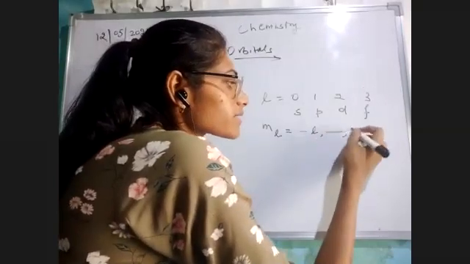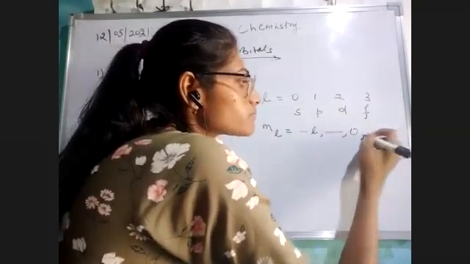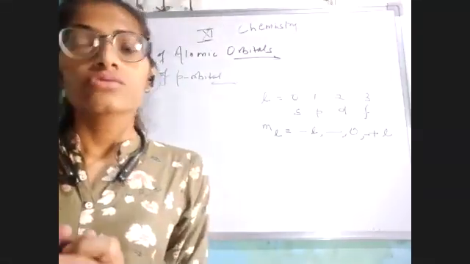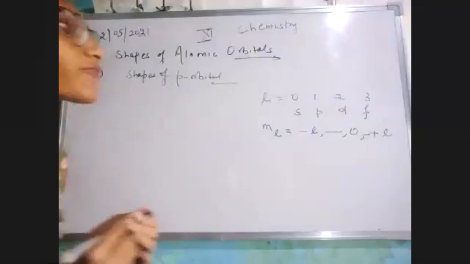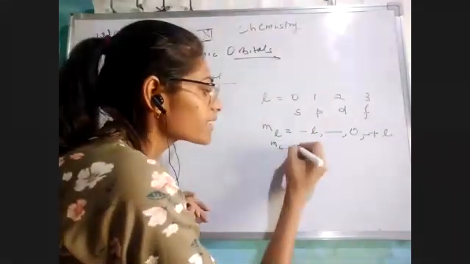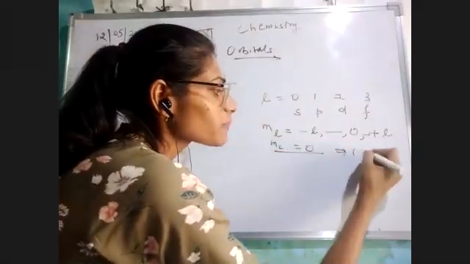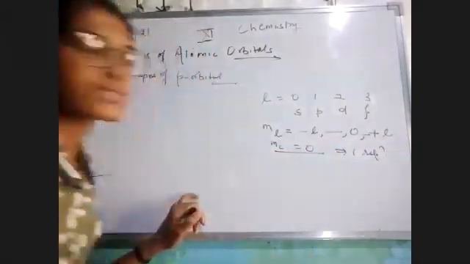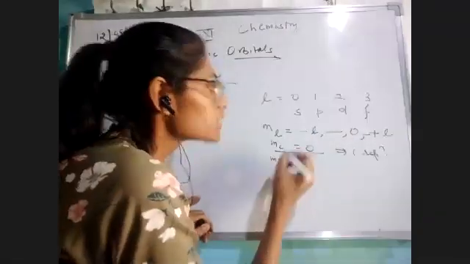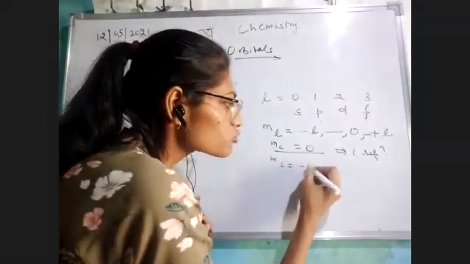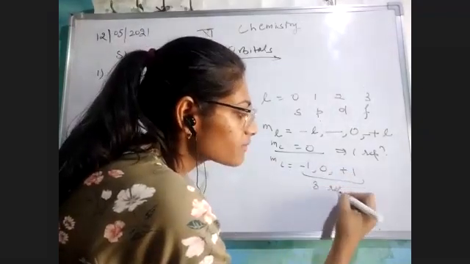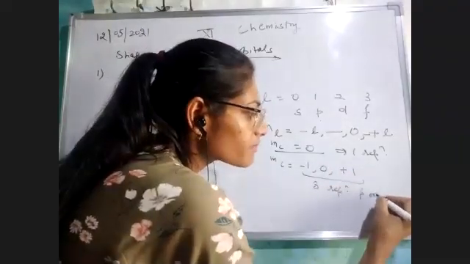Its value is always from minus L to plus L. So if I'm talking about L equals 0, ml is only 0. That is, there is only one representation. Same if L equals 1, ml equals minus 1, 0, plus 1. That is 3 representations for p orbital.